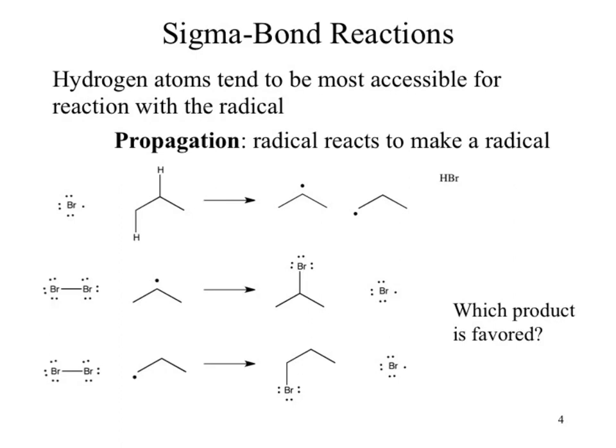Could it have just as easily reacted with another alkane? Yeah, that's perfectly fair. What would happen in that case? You form the exact same radical and you neutralize a radical. Nothing really changed. So only when it encounters a new molecule, bromine, do we actually see the potential for a product coming out of this.